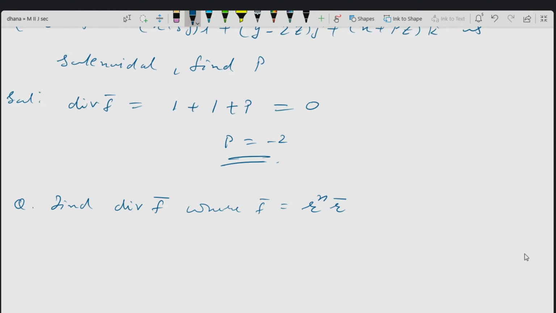And r to the power n is a scalar part. So this you know. So you need to find divergence of this function and also find n value if it is solenoidal. Find n if it is solenoidal. So first calculate divergence of f bar, equate it to 0 and get the result.